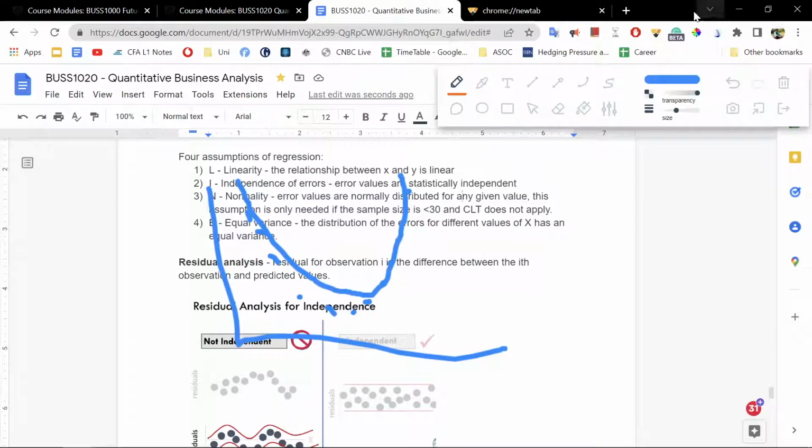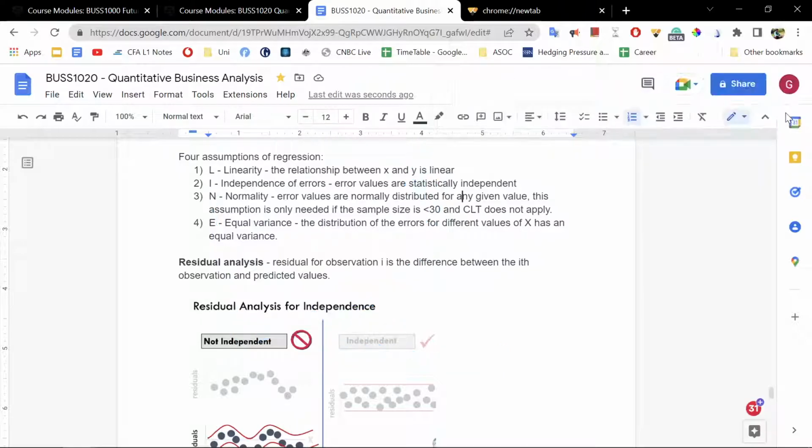Because it is quadratic, we reject the assumption of linearity. Another case is if the data points are like this, then we also have to reject the assumption of linearity. This seems like an exponential sort of function. So the assumption of linearity is really quite important in regression analysis.